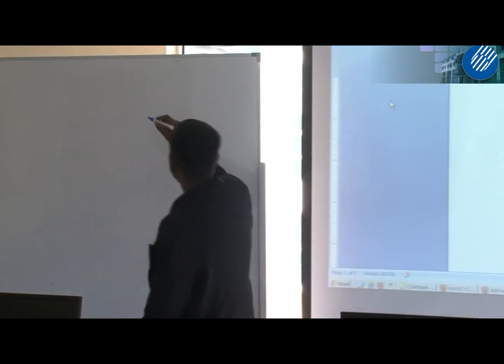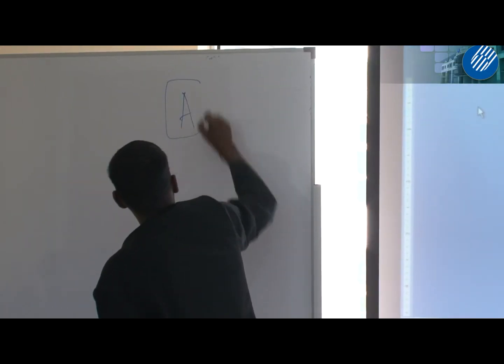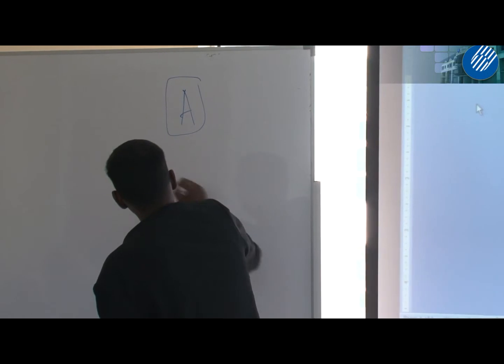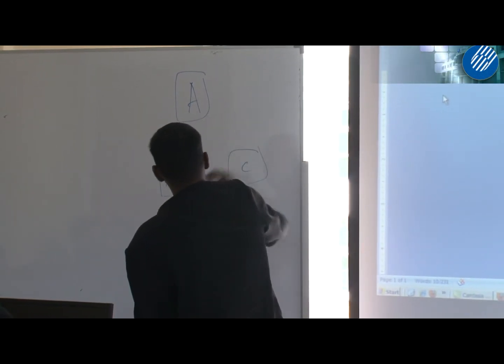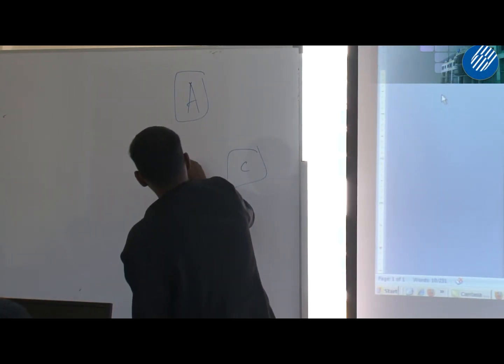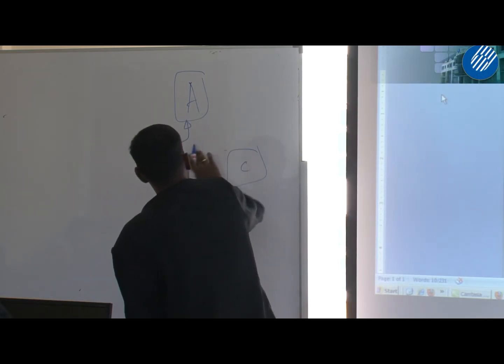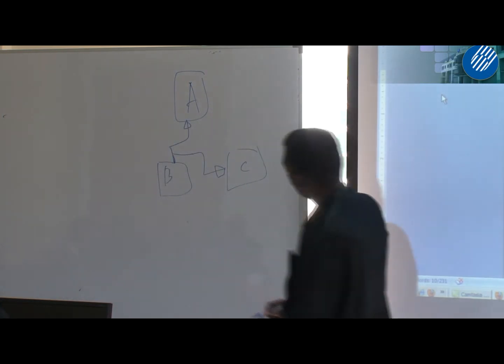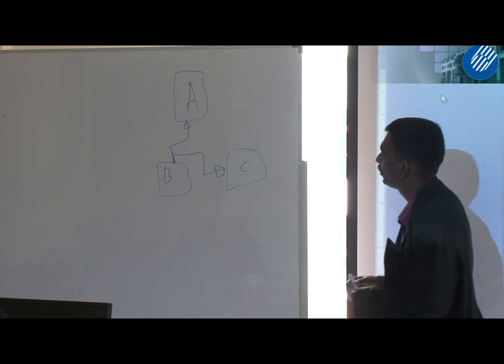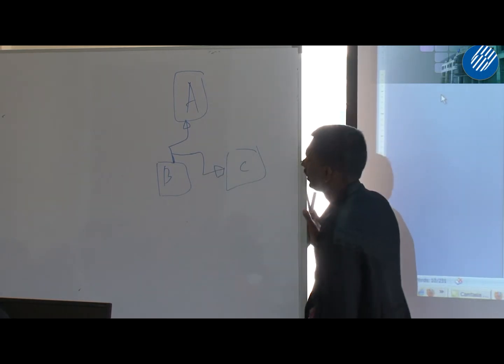Another thing. Let's say you have class A, class B, class C. What conclusion can be made from this diagram?